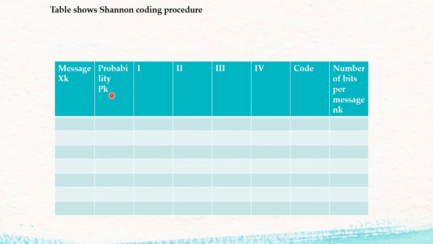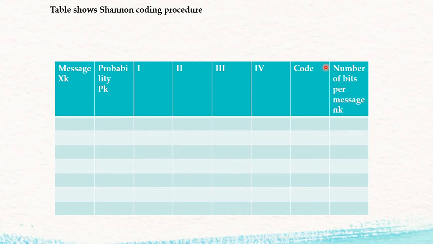The second column indicates the probability of that particular message, and next we write down the steps for coding. The steps may vary based on the given sum. For this particular sum we have 4 steps. In some cases the steps may be 5, 6 or 3. The next column indicates the code which we observe from the table, and finally the number of bits per message, given by nk.